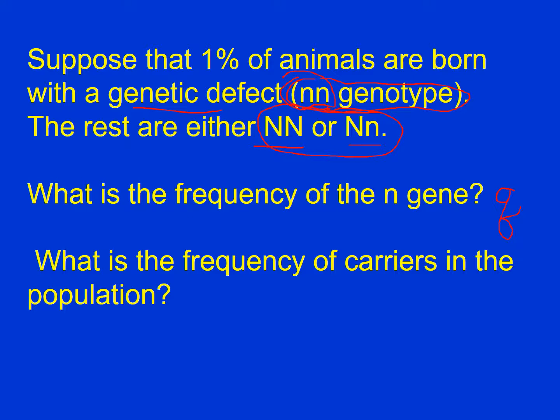And what's the frequency of carriers in the population? So we want to know what percent of the animals are heterozygous. And we know that the frequency of that equals 2 times P times Q. So we've got to find out what Q is and find out what P is, and then we'll be able to solve for the frequency of carriers.